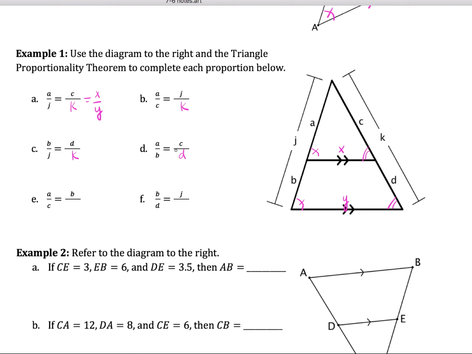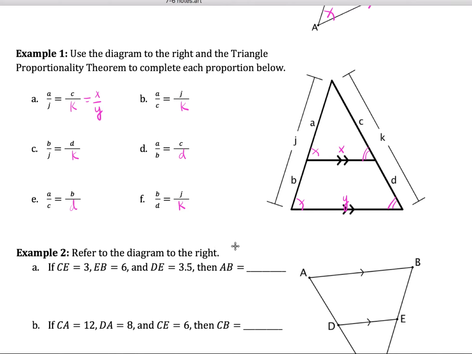And then if we switch the mean terms right here, the B and the C, we would have A over C equals B over D. And lastly, we can compare B to D, and that would equal J over K. So you'd have a K right there. So all of these different proportions would result from this situation where we have a segment intersecting two sides of a triangle and being parallel to the third side right here.